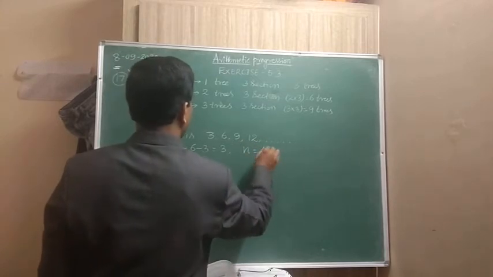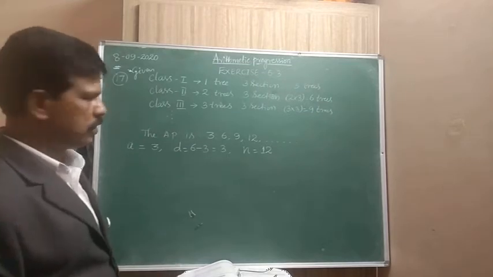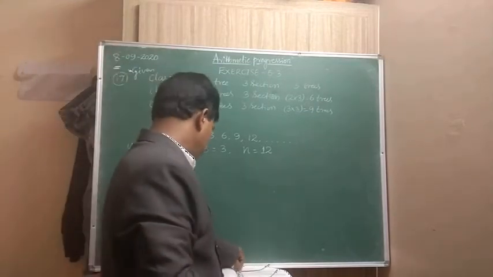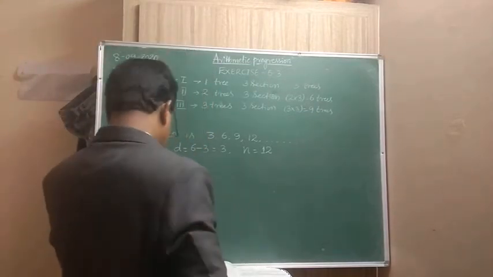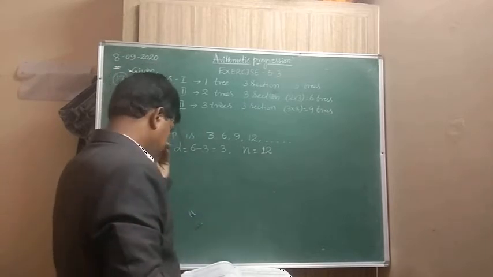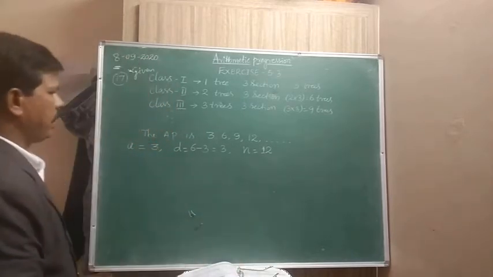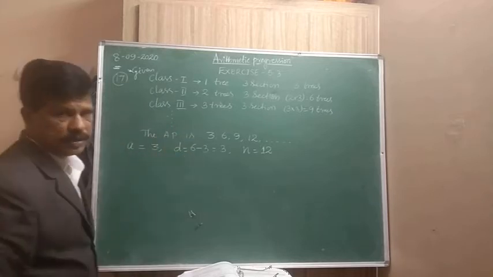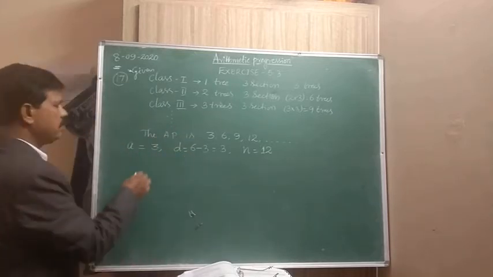How many sections are there? 12 sections are there. Therefore, you have to take it as 12 sections. Right? Okay.